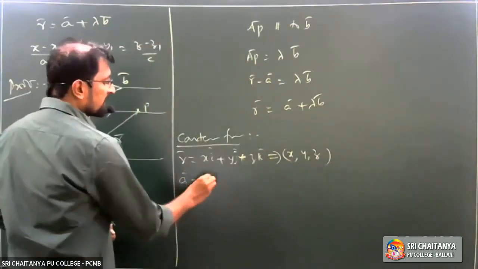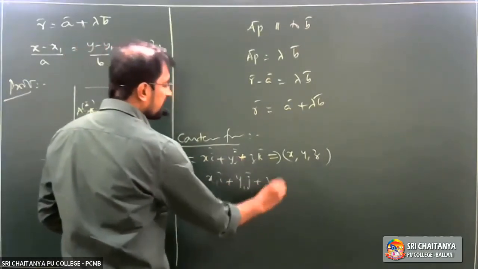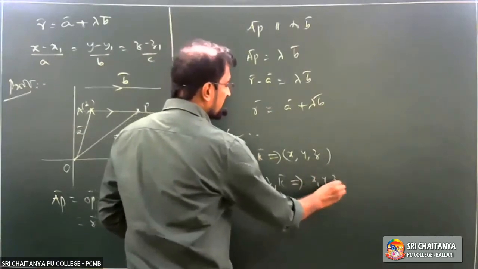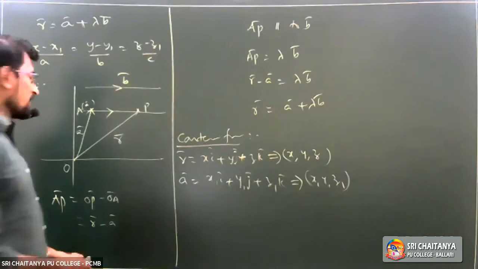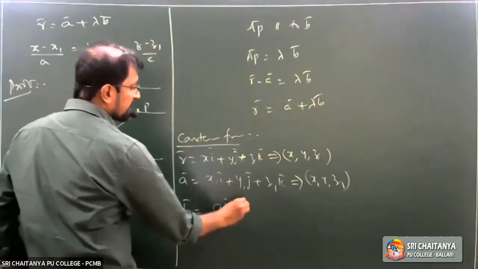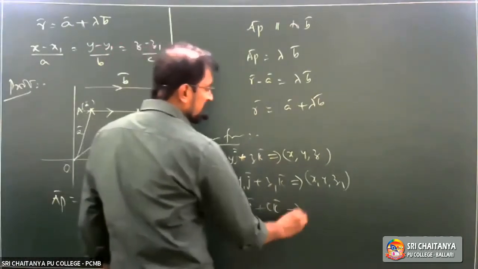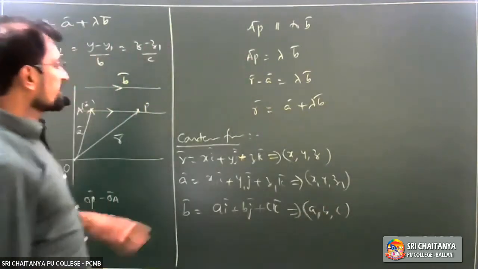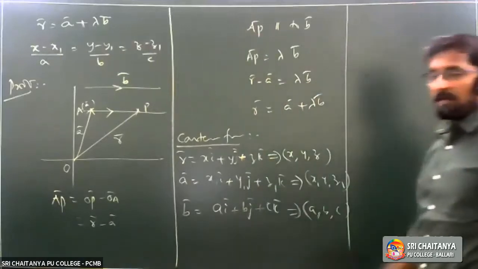A bar can be considered as x1i plus y1j plus z1k, which you can write as x1, y1, z1. This theorem is very important for a 5 marks question. That's why I am revising this. B bar is equal to ai bar plus bj bar plus ck bar, which you can write as a comma b comma c. Okay, just substitute these three values in this one, you are going to get the answer.